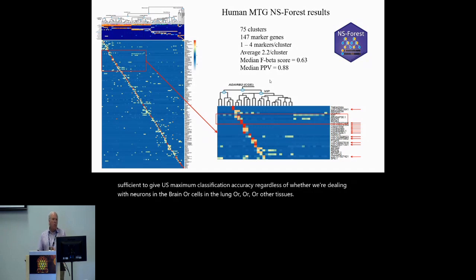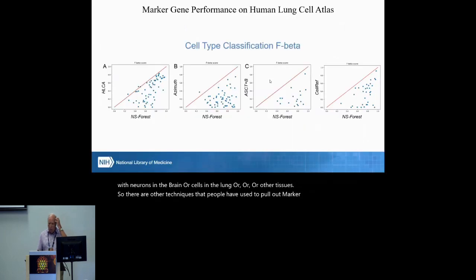There are other techniques that people have used to pull out marker genes, and we can compare the performance of these other marker gene selection methods using the F-beta score for classification accuracy as our performance metric.